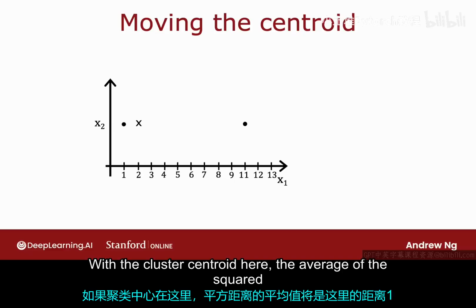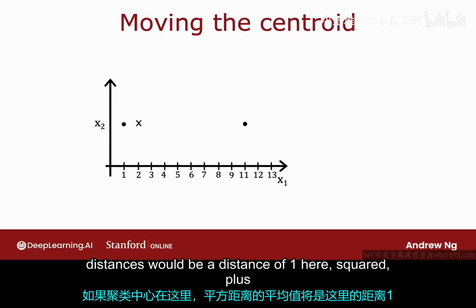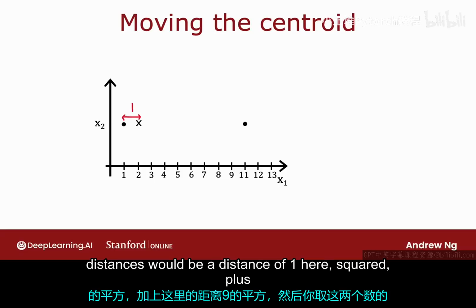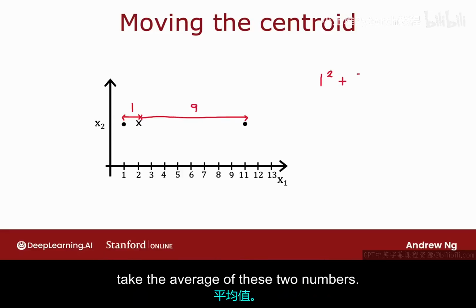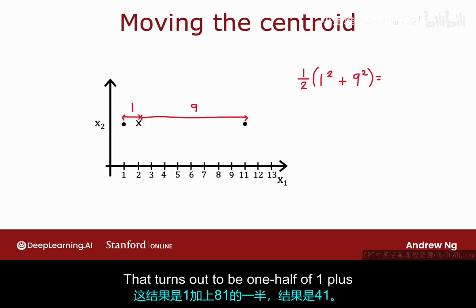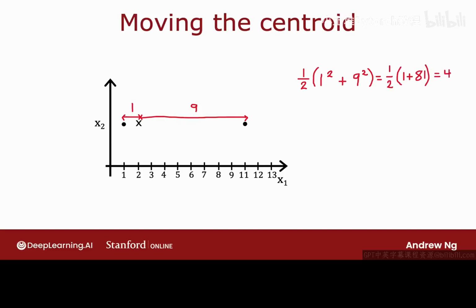And so with the cluster centroid here, the average of the squared distances would be a distance of 1 here squared plus this distance here, which is 9 squared. And then you take the average of these two numbers. And so that turns out to be 1/2 of 1 plus 81, which turns out to be 41.